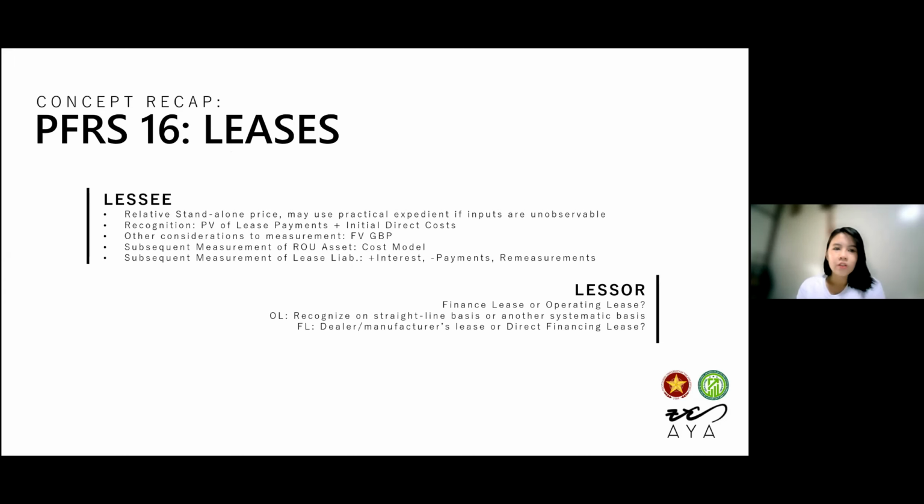So, actually, dun sa present value of lease payments, meron tayong mga payments na recognize na natin at commencement date or nag-exist na siya at commencement date. And there are some parts of this recognition amount na wala pa siya sa commencement date pero kailangan na natin siyang i-account. Okay?